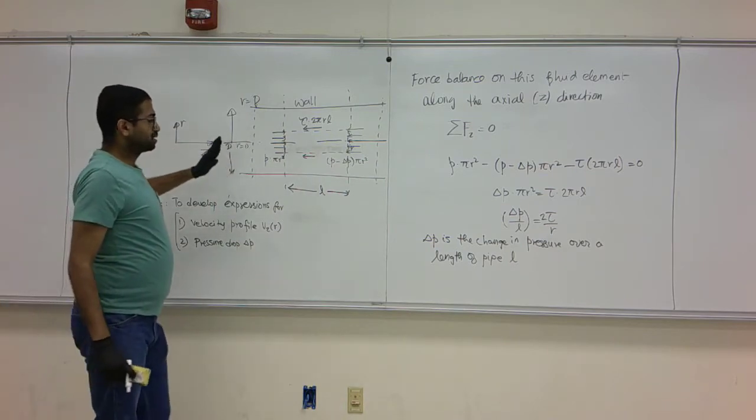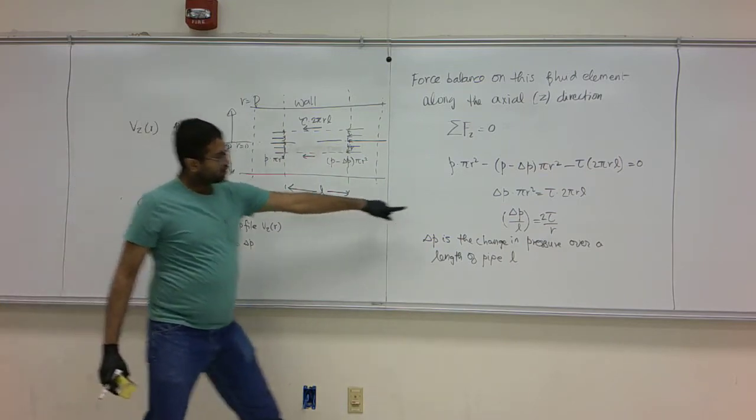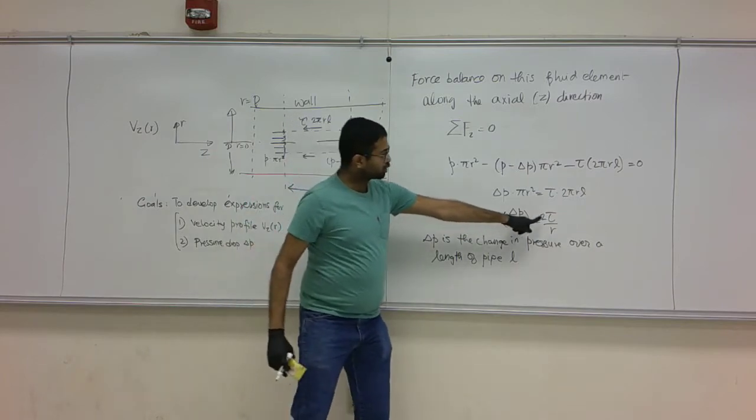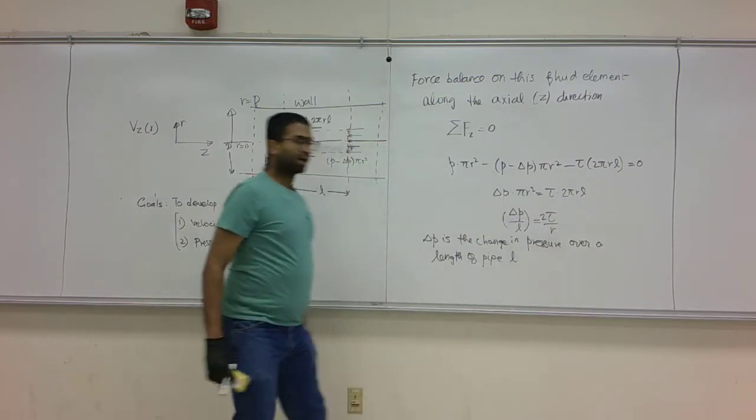What I am seeing is the change in pressure over the length equals 2 times tau over R.